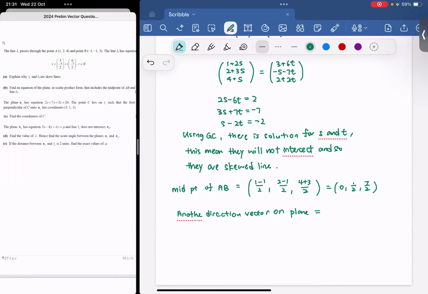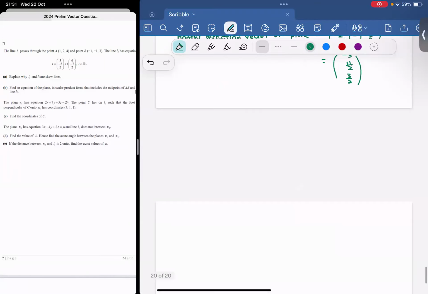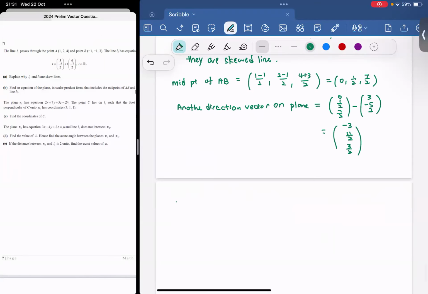Okay, it will be equal to just take this point, minus away the point on L2. That will give us (-3, 11 over 2, 3 over 2). Okay, so with this, we have two direction vectors on the plane already. We can find the normal vector of the plane. That will be equal to (-3, 11 over 2, 3 over 2) cross the other direction vector.